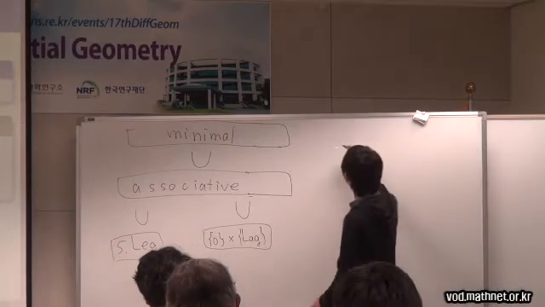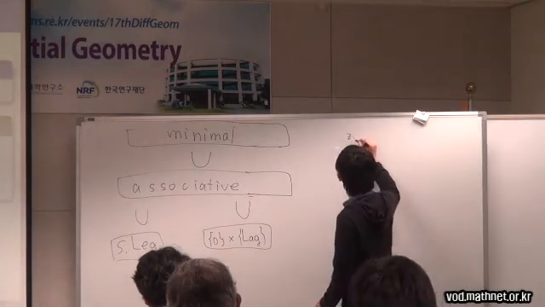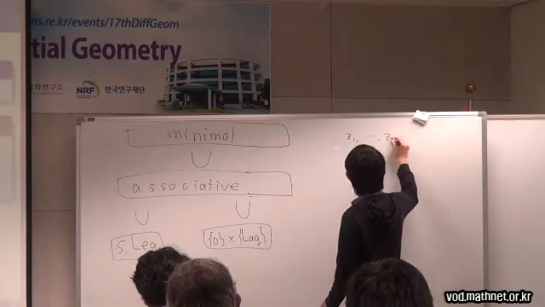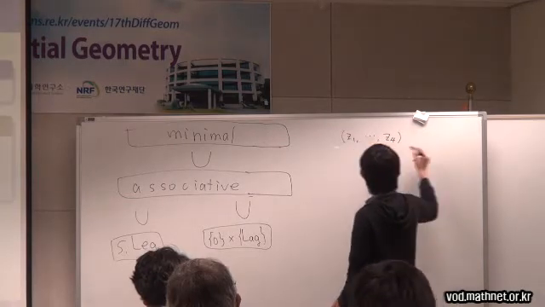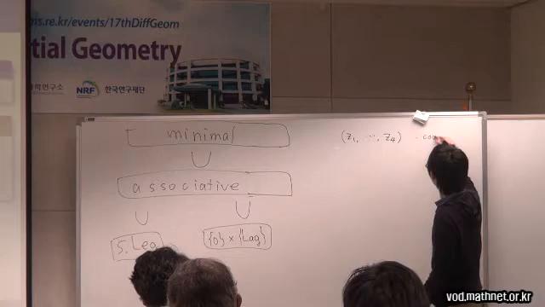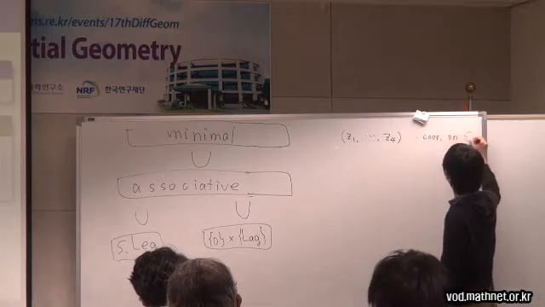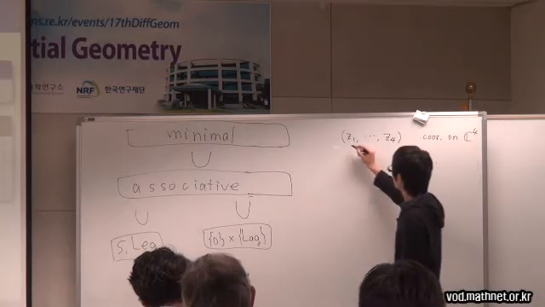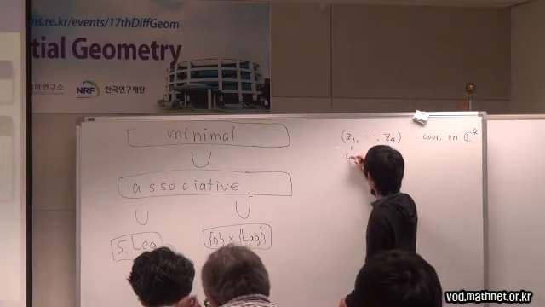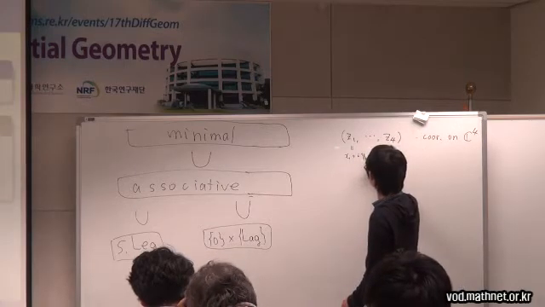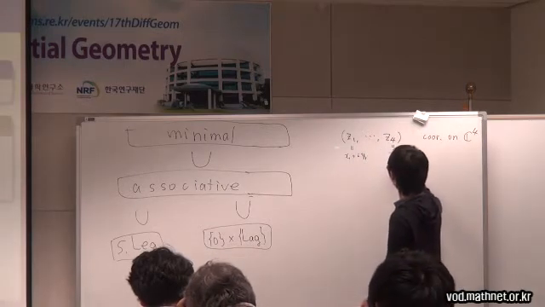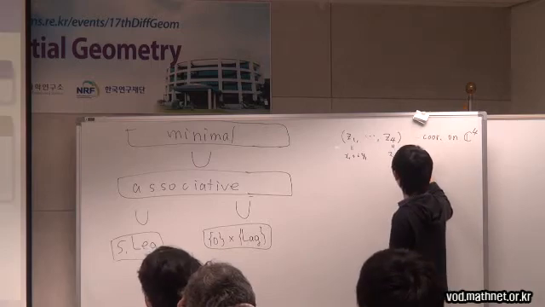Let z1 to z4 be the coordinates on C4, and write z1 equals x1 plus i y1, and z4 equals x4 plus i y4.